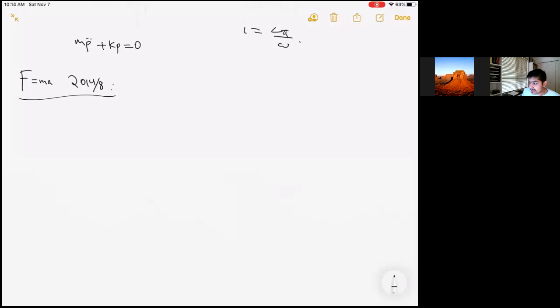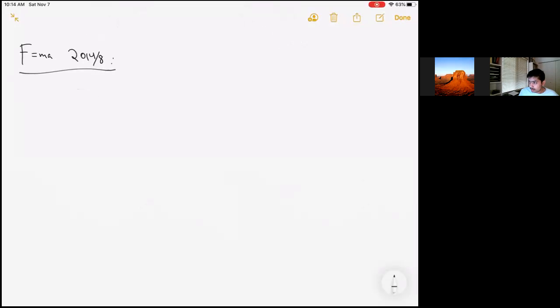So the question basically is that you have an object of mass m, hung on a vertical spring of spring constant k, and it's oscillating up and down with period t0.